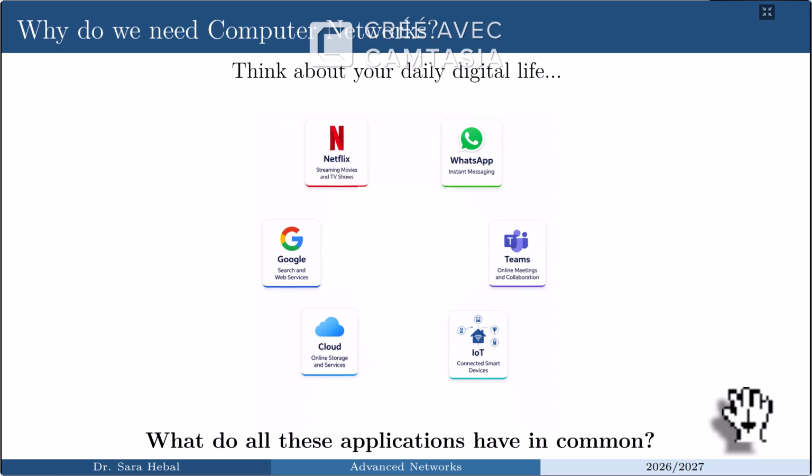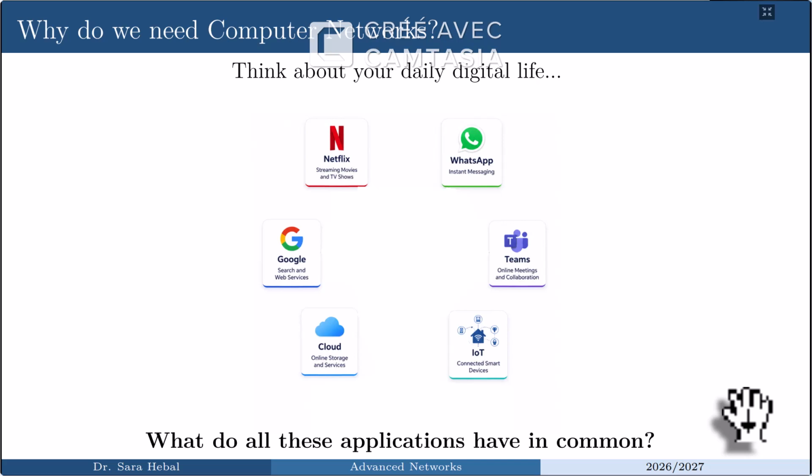Before defining a computer network, let's think about our daily lives. Every day we send messages, attend online meetings, watch streaming videos, store files in the cloud, and even use smart devices at home. Although these applications seem very different, right?